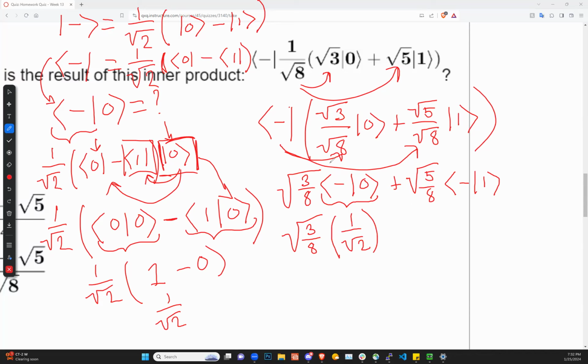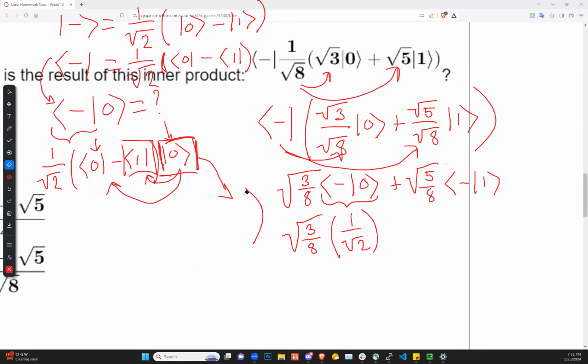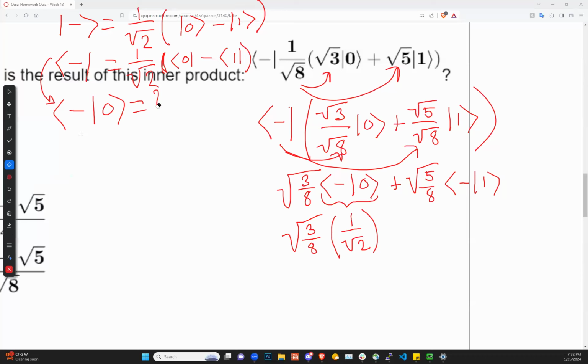Actually, let's not do it. Let's do this computation again. I think it's good practice. So we are going to repeat this exact same process with the inner product between the minus state and the 1 state now.